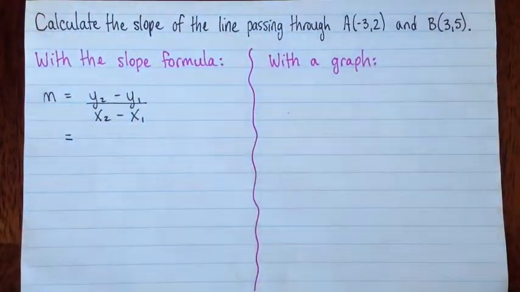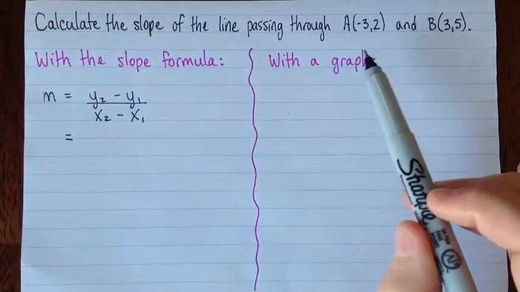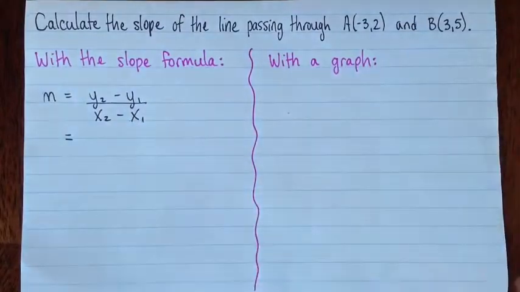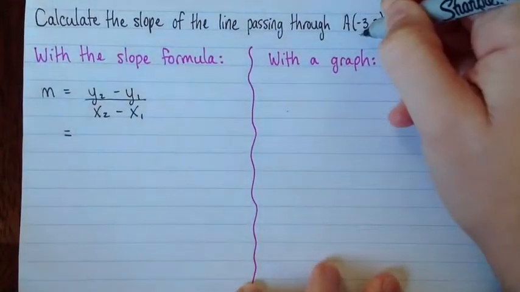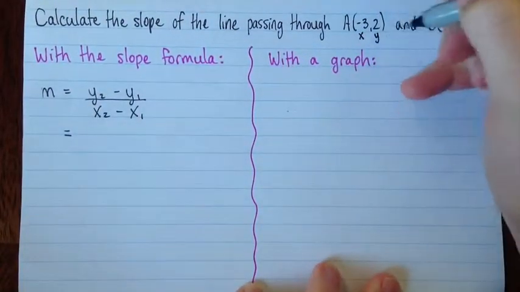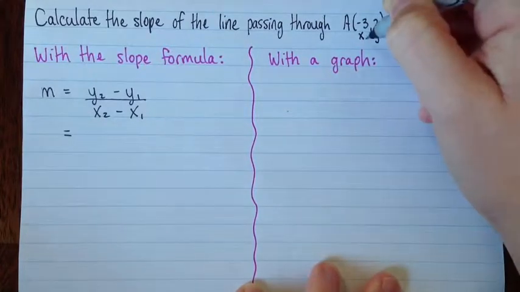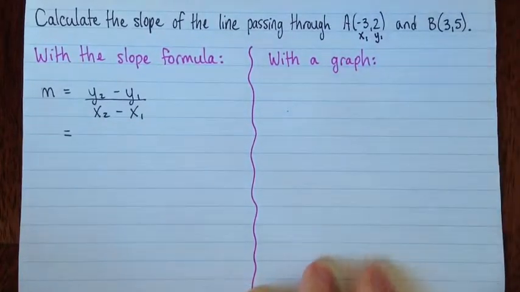Alright, now before we can substitute in, we need to decide which is our y2 and y1 and x2 and x1. So we're going to choose one point to be the first point. It doesn't matter which one you choose. I'll choose A, I guess, because it's first in the alphabet. So in this point A, I have an x and a y, and I'm going to call them x1 and y1.